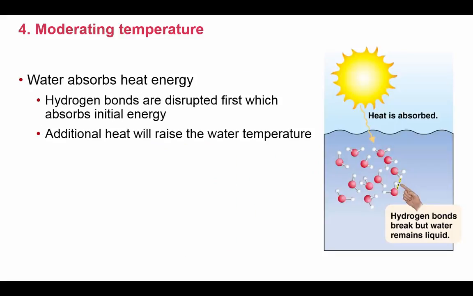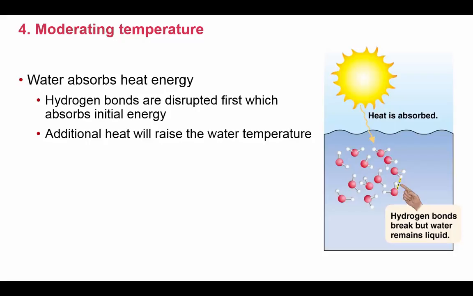And then finally we know that water moderates temperature. Water absorbs heat energy. And so what happens is, as the sun hits the water, or heat hits the water, to begin with, the water absorbs that heat, and so you don't see an initial change. But what eventually happens is the hydrogen bonds get disrupted, they eventually break apart or start to break apart, and when that happens, it causes the additional heat to raise the temperature of the water.